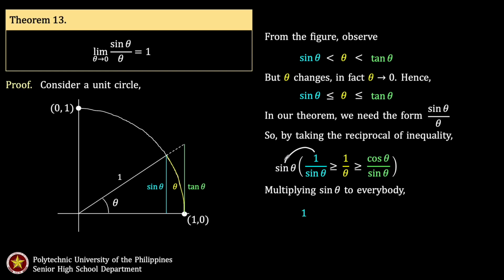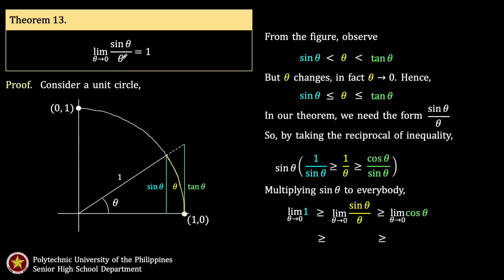Sine theta times 1 over theta is sine theta over theta. And lastly, sine theta times cosine theta over sine theta. Sine theta will cancel, so the remaining term is just cosine theta. Observe that the middle function now is in terms of sine theta over theta, which is our original function.